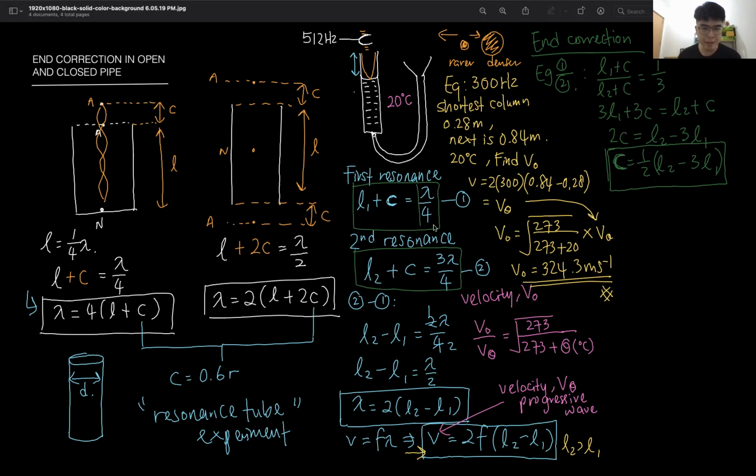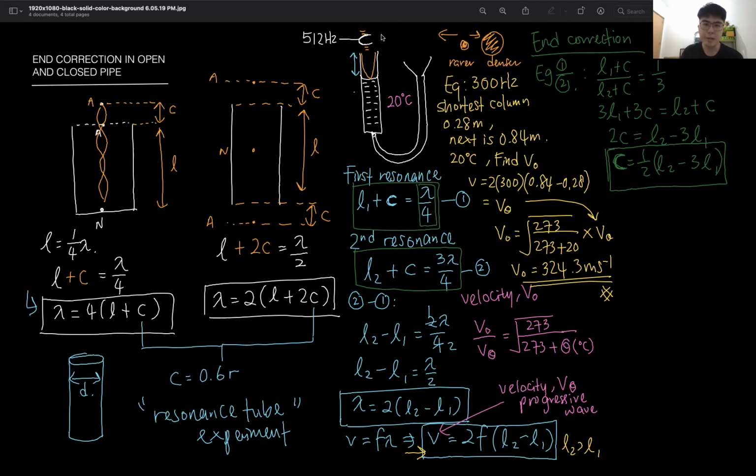That's why I put lambda over 4 here. Now, in some cases, the first resonance can be the second harmonic, or it can be the third harmonic. That gives you another equation for the end correction.